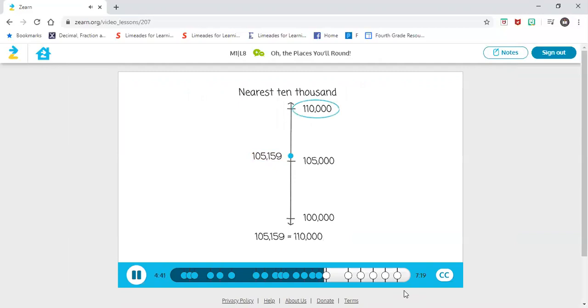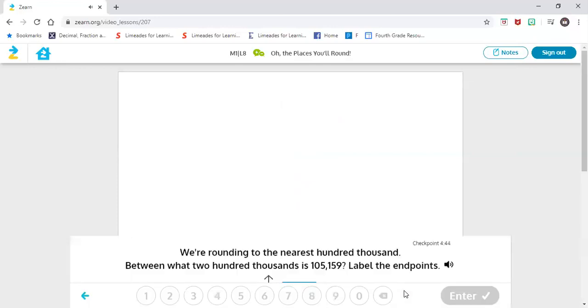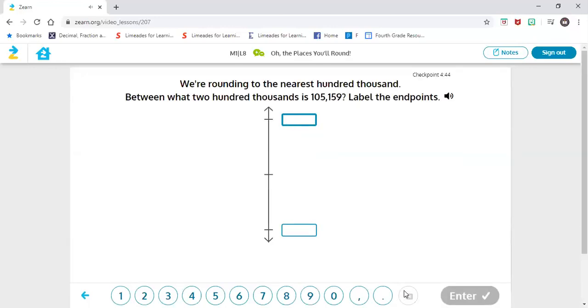Now, let's round the same number to the nearest 100,000. So we're going to use this exact same number, but this time we're going to round it to a different place value, which would be 100,000s. So again, I need to see what's in my 100,000s place. Ones, tens, hundreds, thousands, 10,000s, 100,000s.